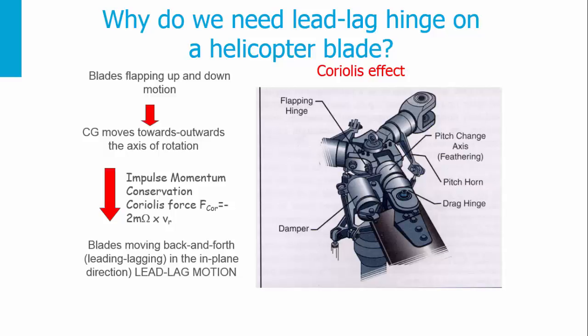Because the blades are flapping up and down, the center of mass moves towards and outwards of the axis of rotation, and as we have the conservation of the angular momentum, we need to add the lead lag hinge or the drag hinge. Here you see the lead lag hinge and you see also a damper. I will explain you why we need this damper.